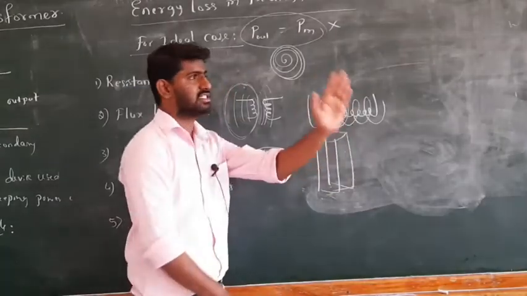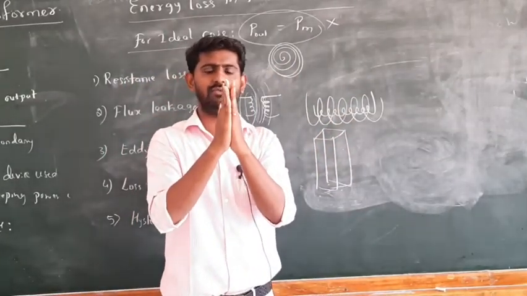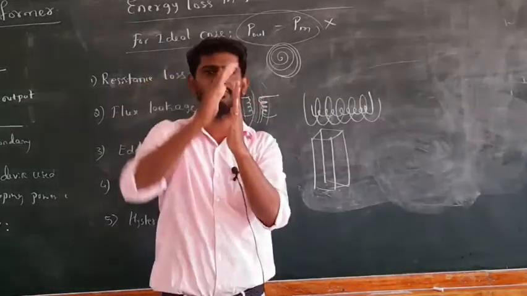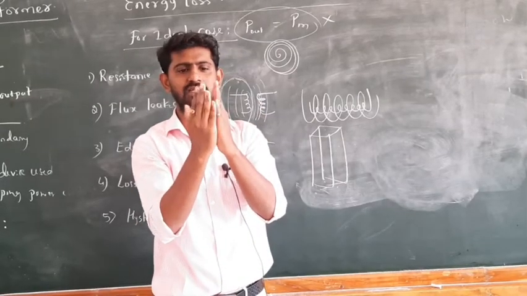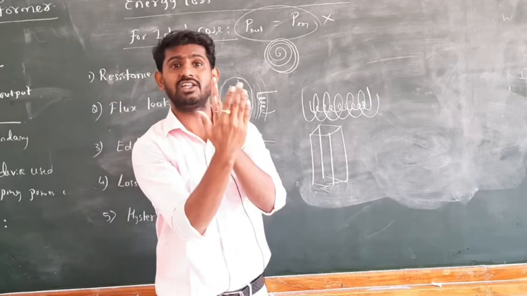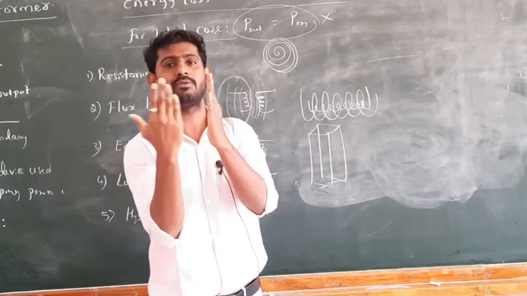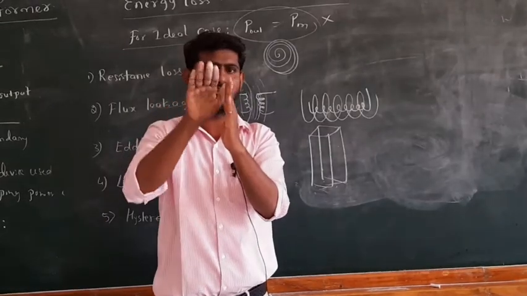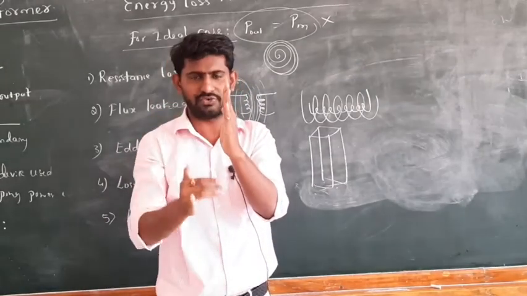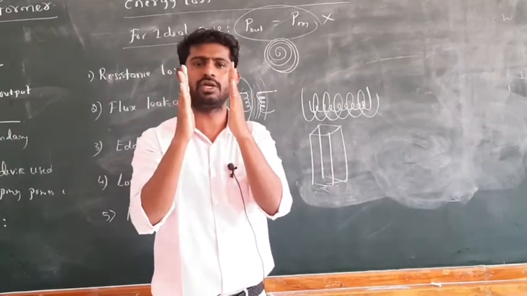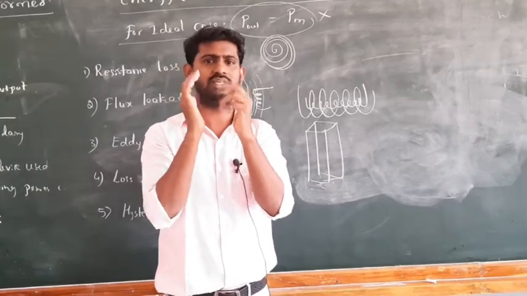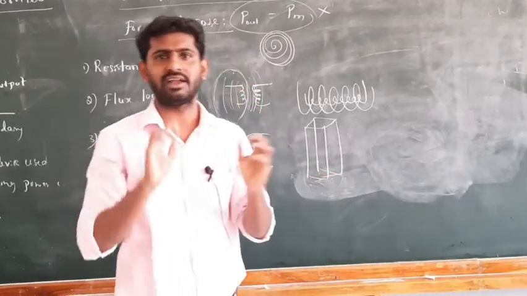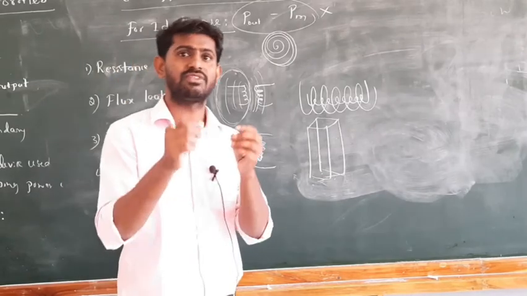If you use the strips and connect them, there will be only two faces, front face and second face. For the other faces there is no continuous surface, so there will not be generation of eddy current. Here also no generation of eddy current. For the 4 faces there is no eddy current, so you can get eddy current only on these 2 faces. So somehow we have reduced the eddy current by taking the strips.